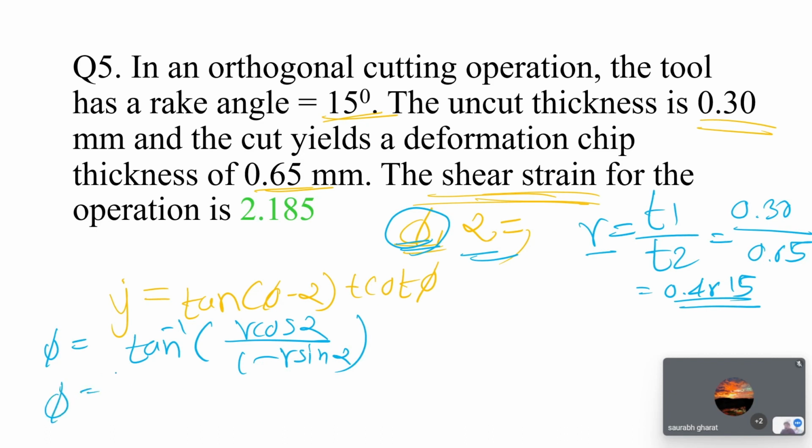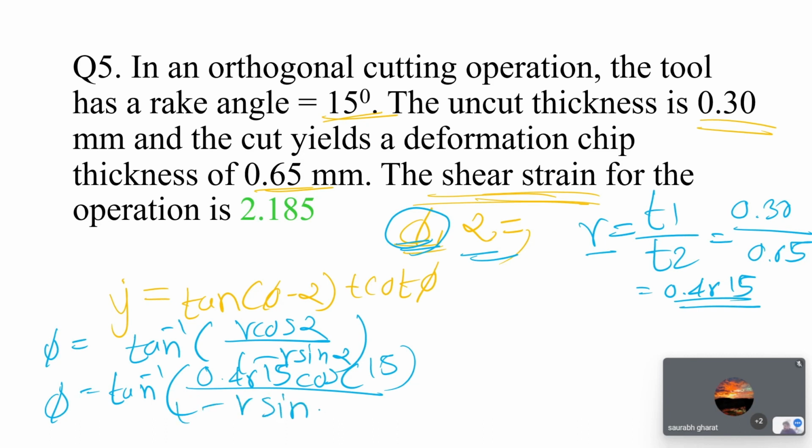So phi will be equal to tan inverse of 0.4615 into cos of 15 degrees over 1 minus r sin of 15 degrees. So your phi will come out to 26.85.